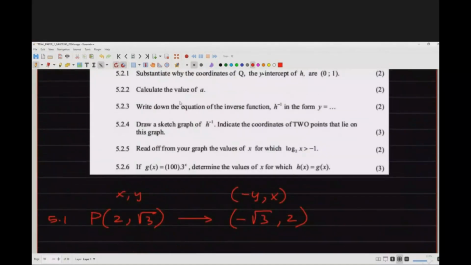And 5.2.5 here says to read off from your graph the values of x for which log x base 2 is greater than -1. So essentially where the inverse is greater than -1.